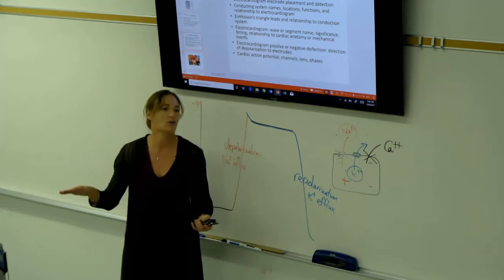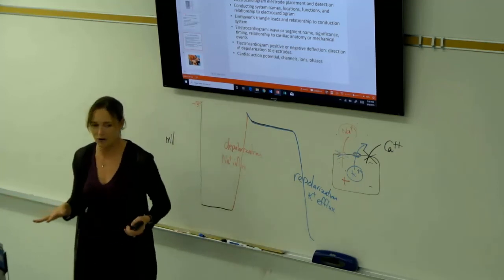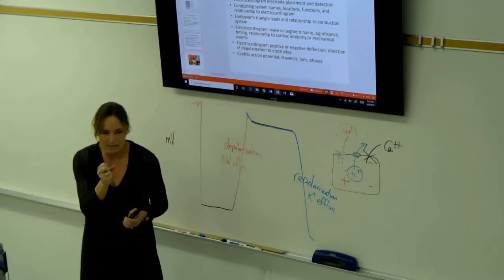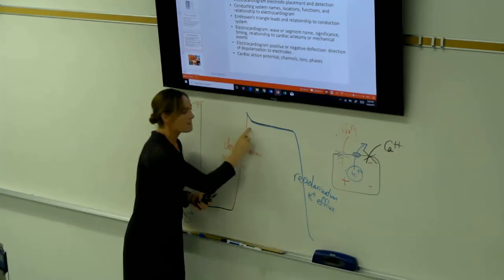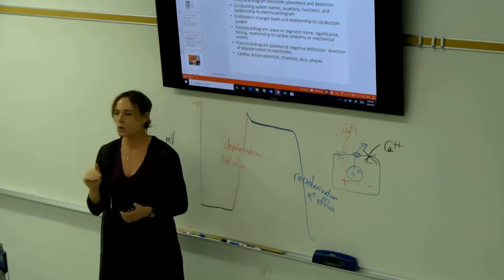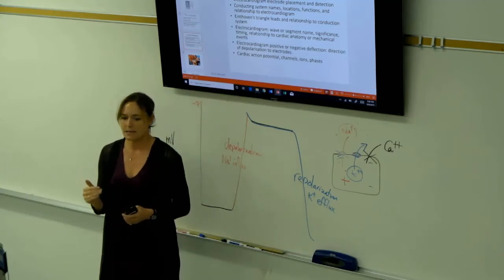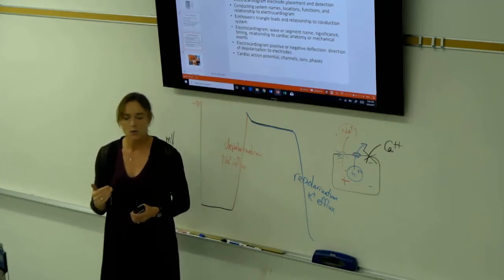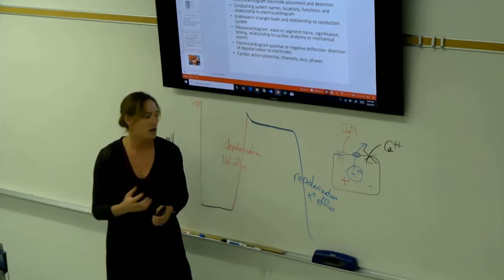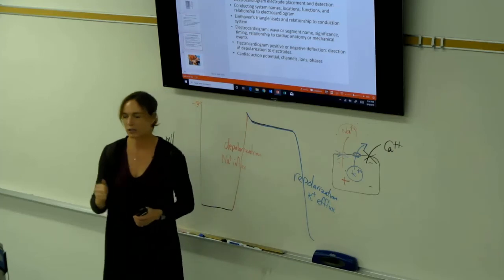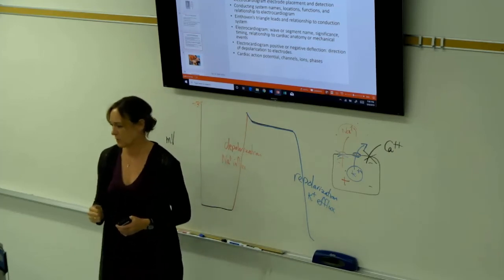We never want our heart to do that. Never. We never want our heart to just squeeze and keep squeezing. So we want relaxation to occur. By having this, no matter how quickly our heart may be stimulated, it will not be stimulated more rapidly to allow contraction. It will actually force a relaxation between each one.